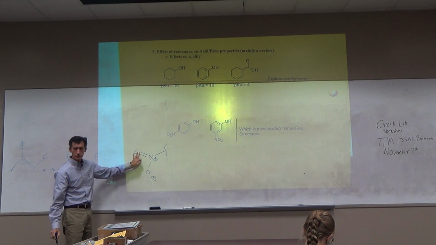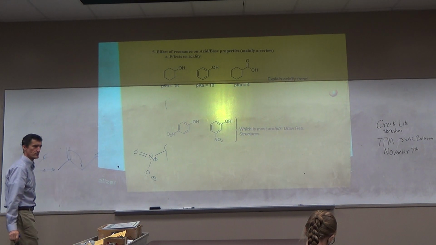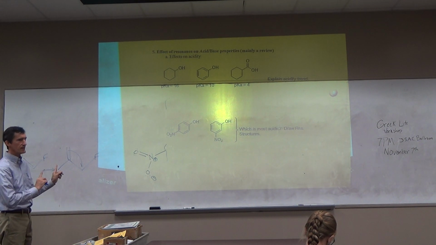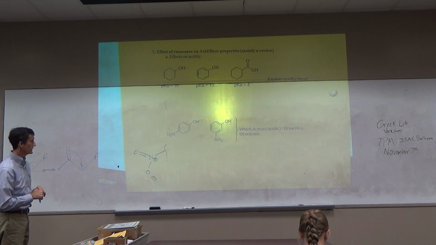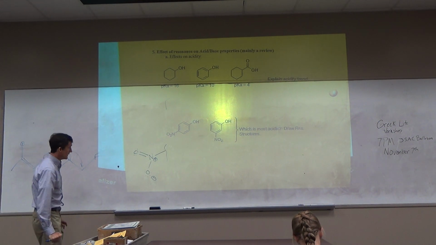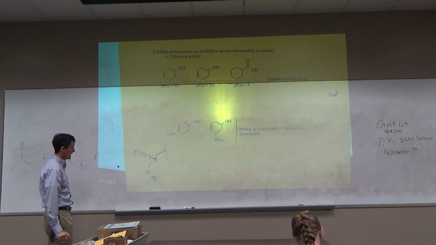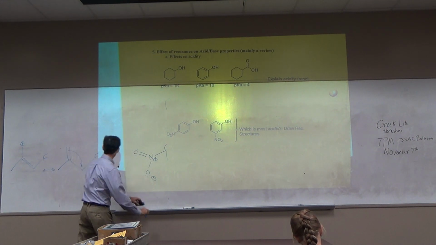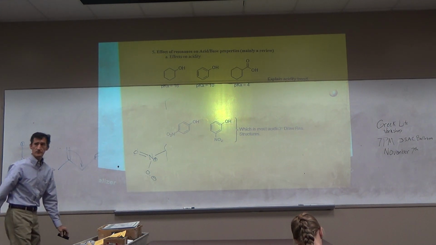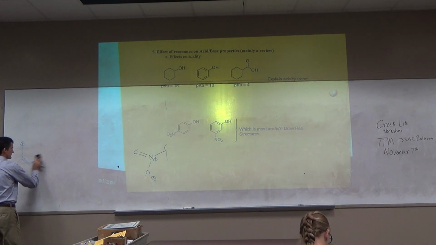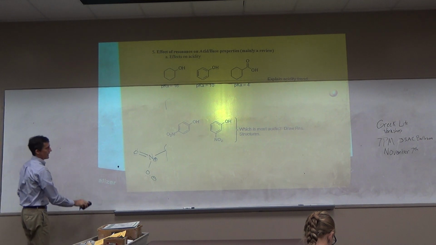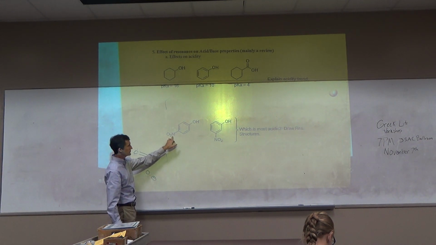This is your Lewis structure for your nitro group. Okay? Two charges, you can't draw it without two charges, but it's net neutral. Nitro groups are very common, particularly on aromatic rings. Also a precursor to an NH2 group.